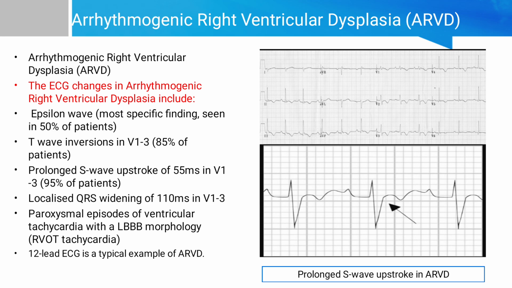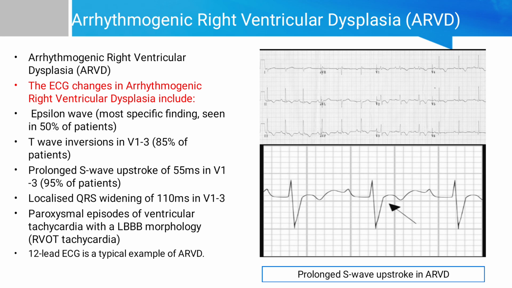These are the few criteria of arrhythmogenic right ventricular dysplasia. First is the epsilon wave, which is seen in 50% of patients. T wave inversion in V1 to V3 is seen in 85% of patients. Prolonged S wave upstroke of 55 milliseconds in V1 to V3 is seen in 95% of patients.